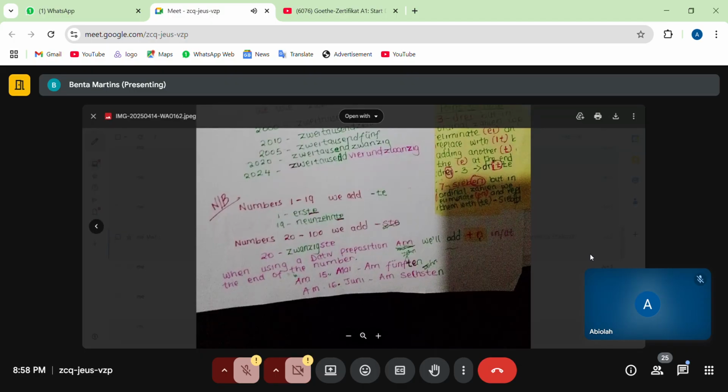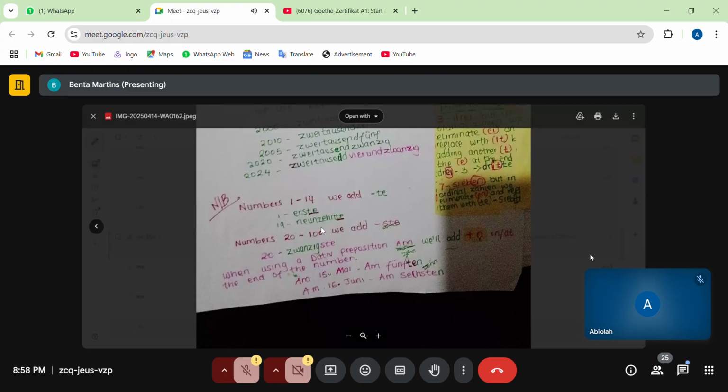So we have numbers from 1 to 19. We add TE. For example, eins becomes eins-te. In this case, eins changes from eins to erste, just as it has been written here. Remember, the normal number 1 is eins, E-I-N-S, so eins changes to erste.